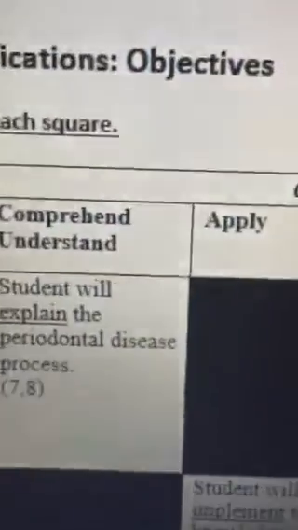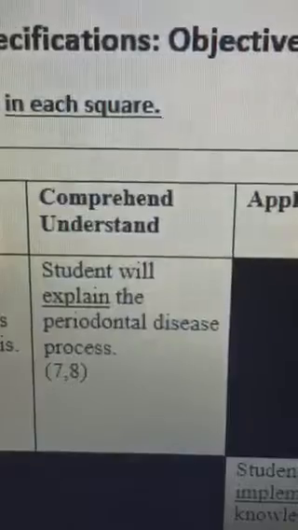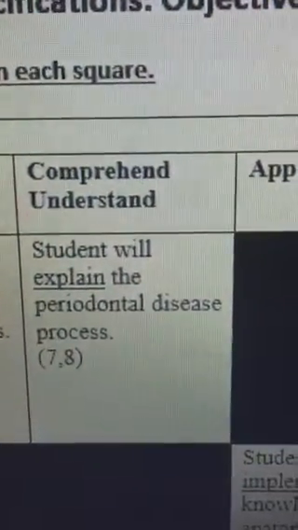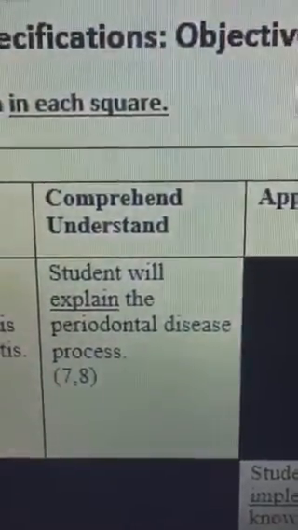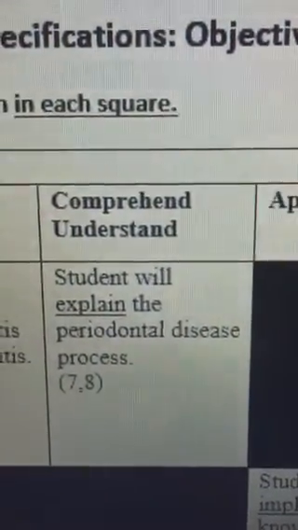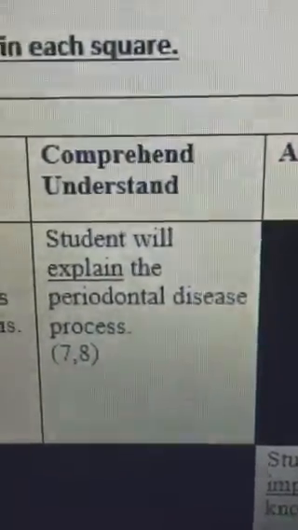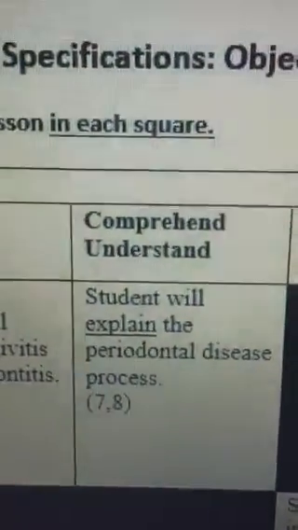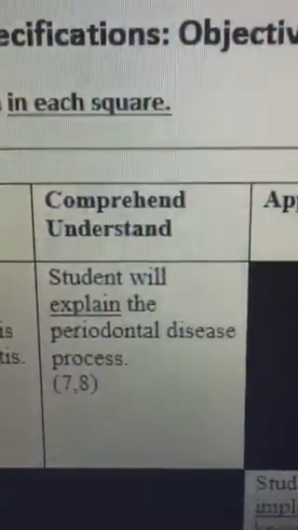Back up to the top here, my next objective under the comprehend is that the student will explain the periodontal disease process. This begins to be a little bit more involved, where they actually have to use a little bit of critical thinking now and explain how the process occurs.